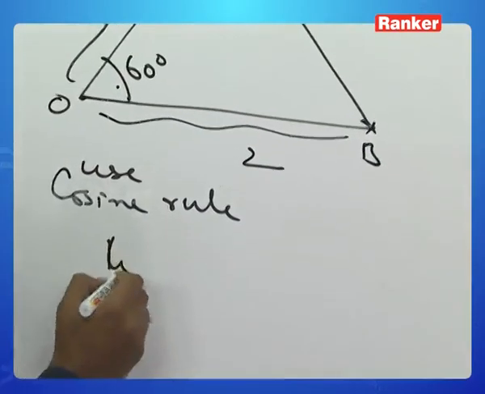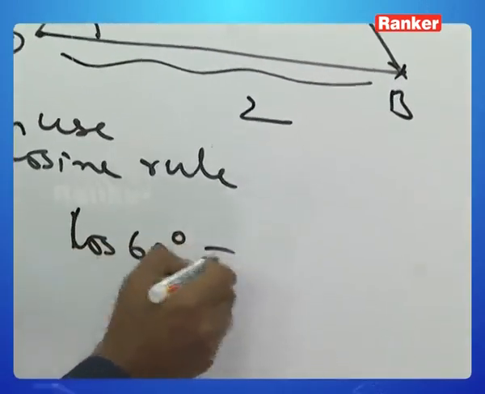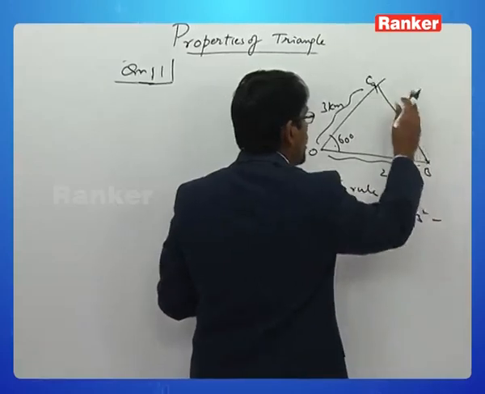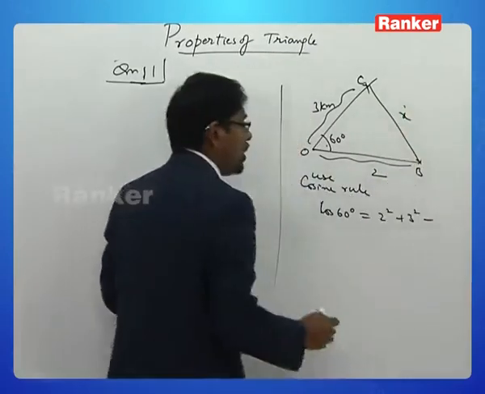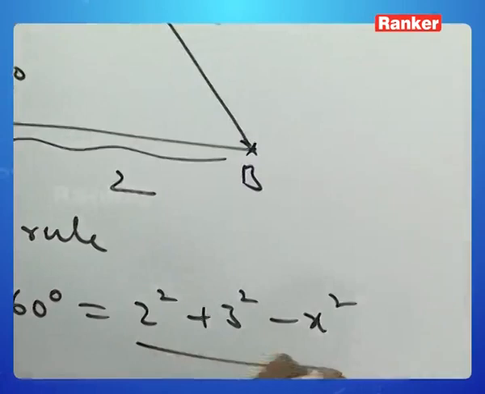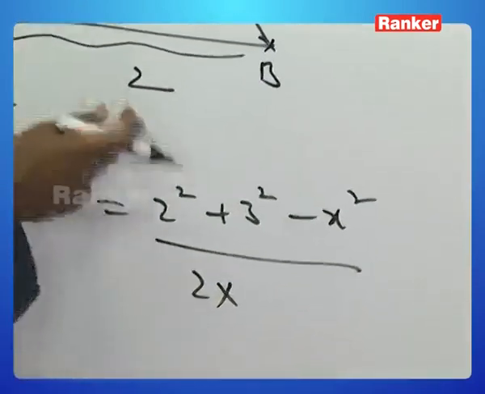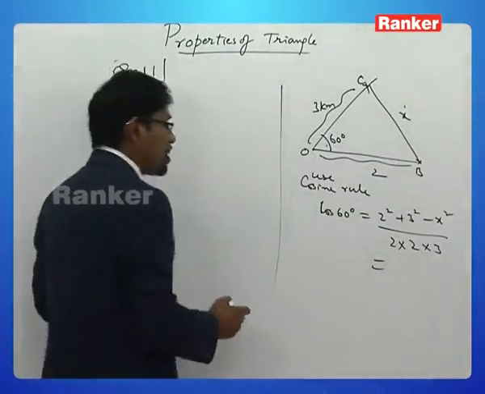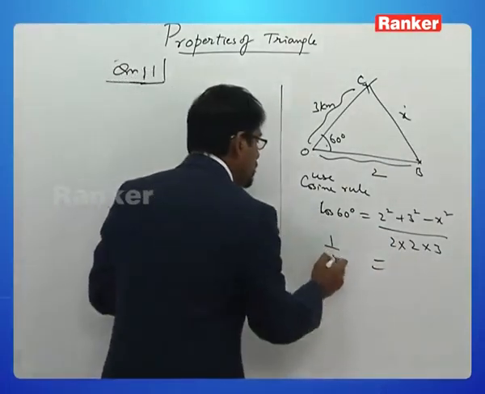Now cos of 60 will be equal to 2 square plus 3 square minus, let's call it some x square, divided by 2 into the arms of the angle, 2 into 3. So cos 60 is 1 by 2.